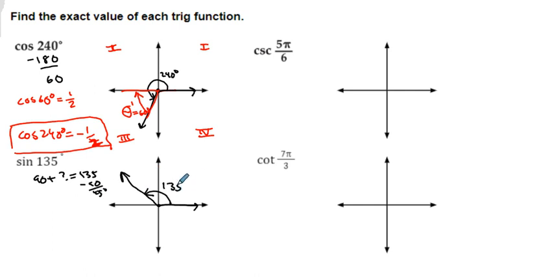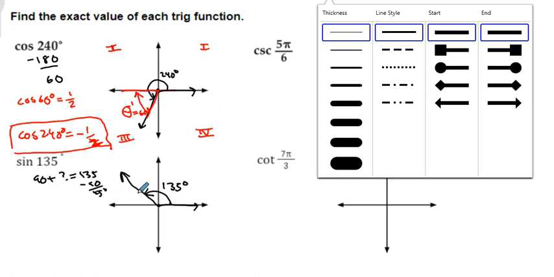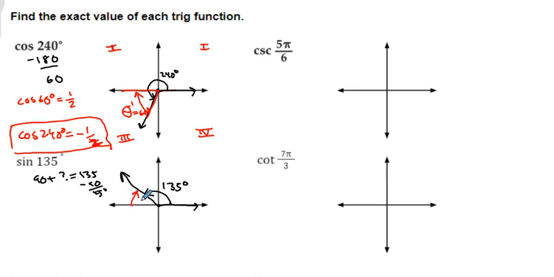So that's 135 degrees. Now we are going to figure out what this angle right here is. This is what we want: our reference angle. The reference angle is going to be, well, let's just take 180 and subtract 135 from it, and that gets me 45 degrees.